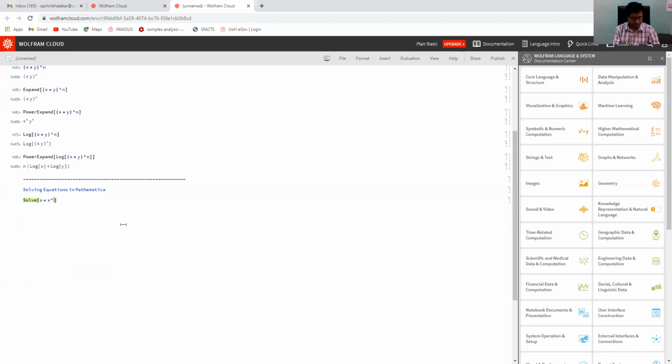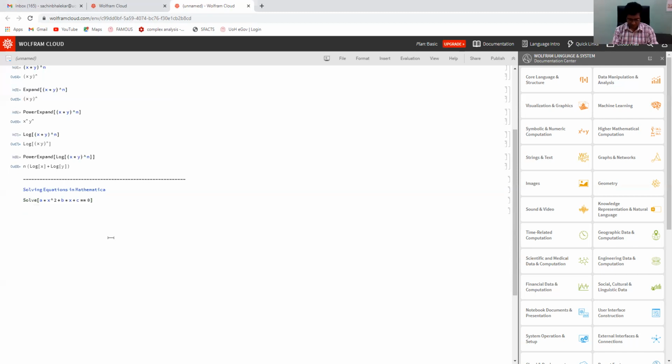x square plus b into x plus c equal to 0. Now remember that there should be a double equal to, not a single equal to symbol. When you are using the command Solve, or NSolve for numerical solutions, remember that you should have a double equal to. Single equal to means assignment.